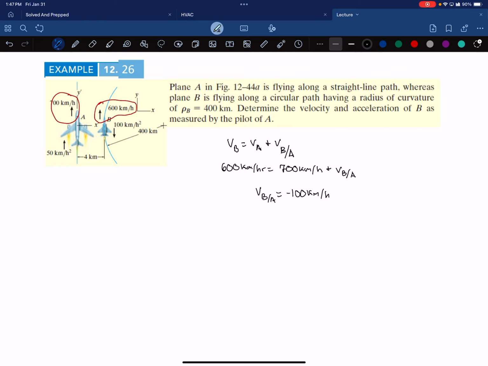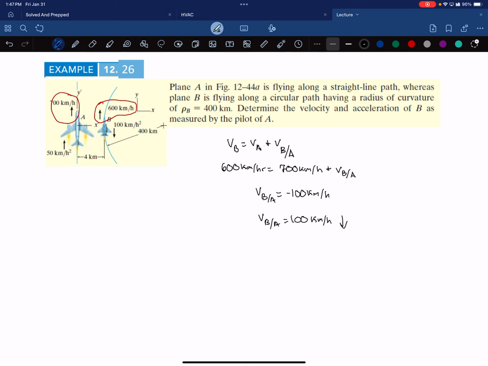So that just means that we're going in the negative y direction. So VB with respect to A, and we're going that way.